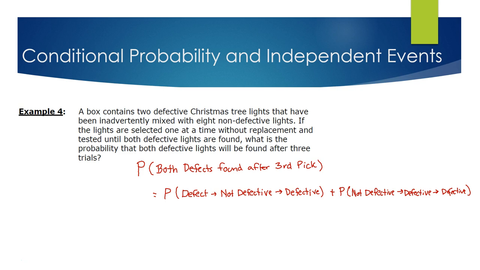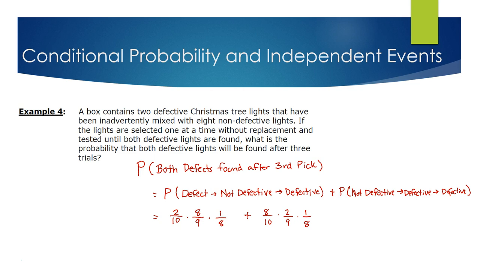So when I figure out these probabilities, I'm going to get a lot of the same numbers in the numerator and denominator, just associated with different mixtures of them. As I look here, the probability of me picking a defective light on the first pick would be 2 tenths. Then the probability of me picking a not defective light would be 8 out of 9. And then the probability that the 3rd one is defective would be 1 out of 8.